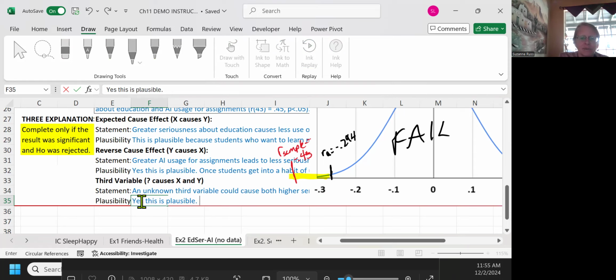And then we just have to give one example of a third variable.